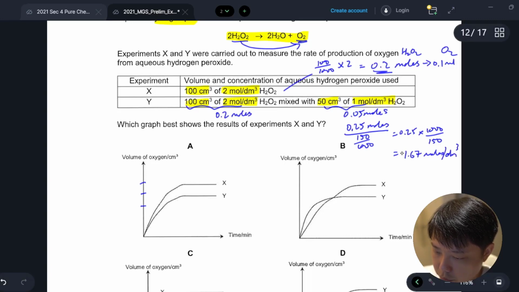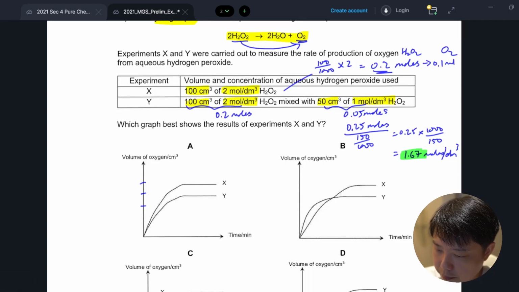So in terms of concentration, it is less than the 2 mole per dm cube for experiment X. In terms of concentration, like the frequency of reactant particles colliding, X should be faster. Experiment X should perform faster.